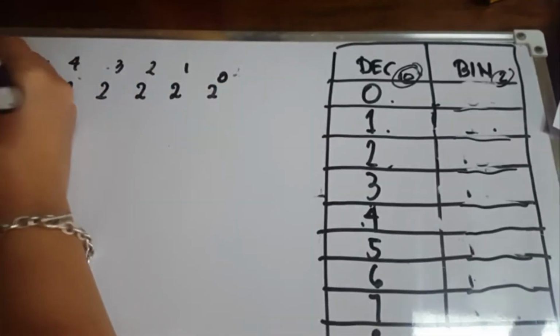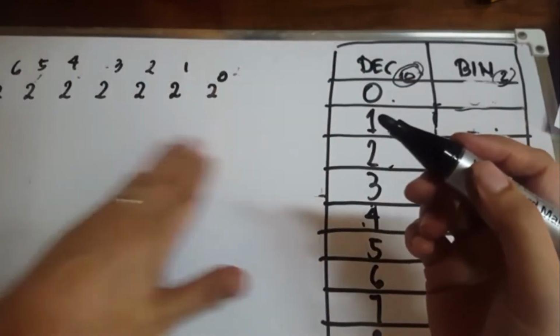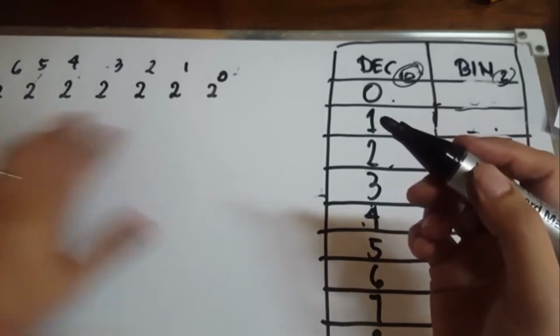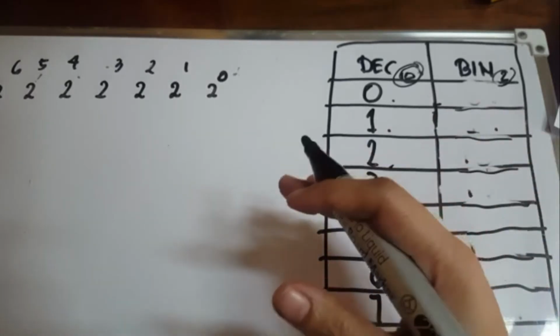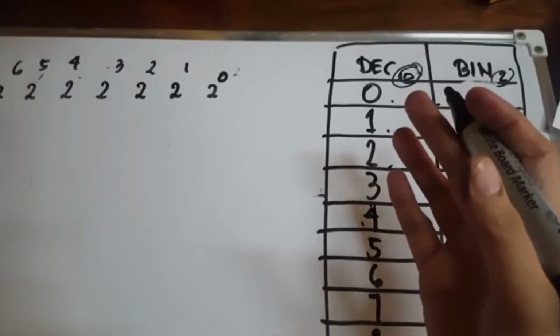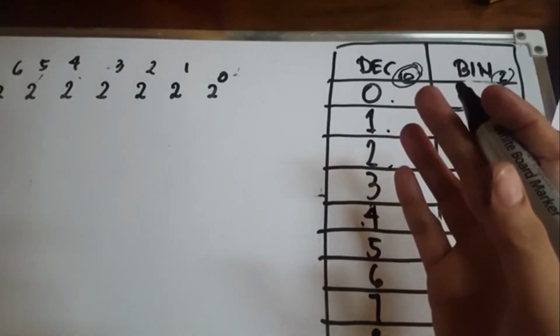By this time, we only have to get the 8 bits, which is 1, 2, 3, 4, 5, 6, 7, 8. So in this video, I will limit the powers of 2 to 2 to the power of 7.